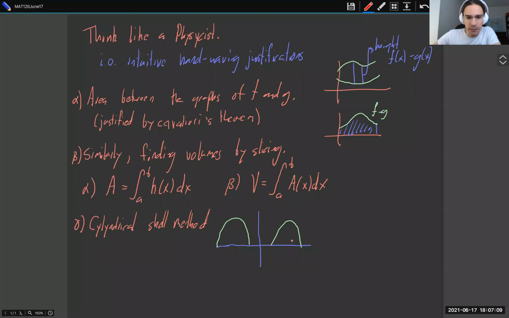So for example, if we have a certain height here, x, negative x, then what happens is we get shapes that look like this.